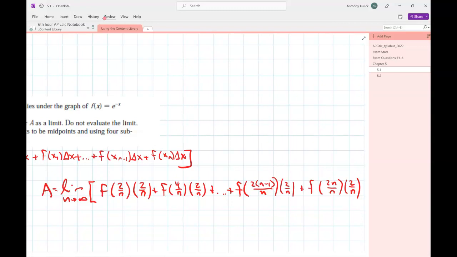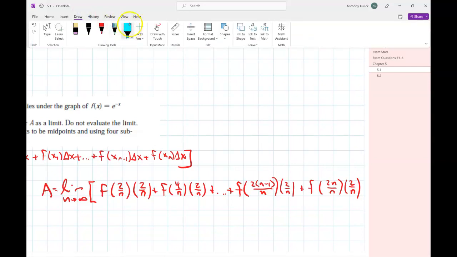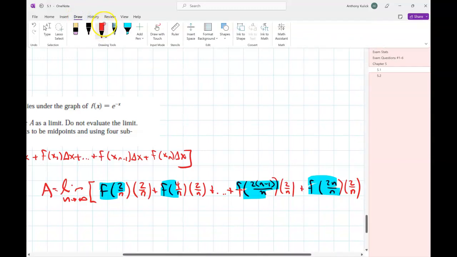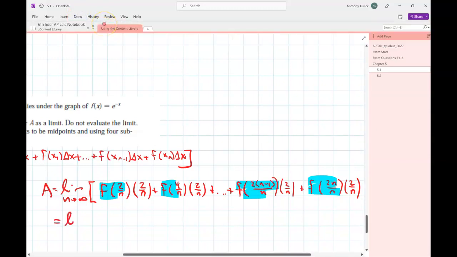Which I still don't love, which I still think I can do better on, because I can deal with these f's. What is the f in this case? e to the negative x.